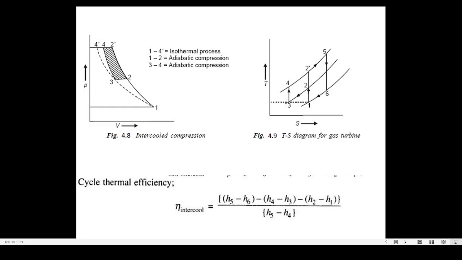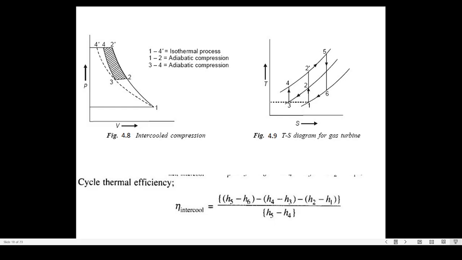So that is the work done by the turbine. H5 minus H6 is nothing but the turbine work, minus the compressor work. Compressor work is H4 minus H3, the work for the high pressure compressor, and H2 minus H1, the work required for the low pressure compressor, isn't it?